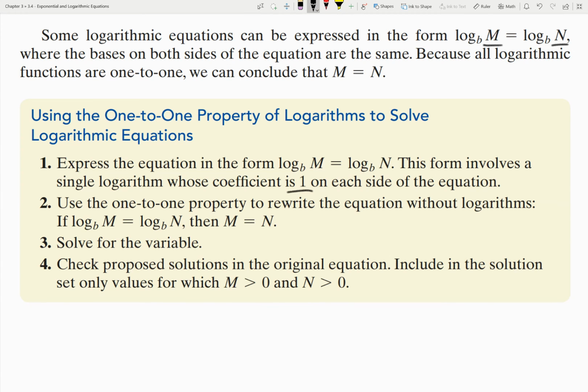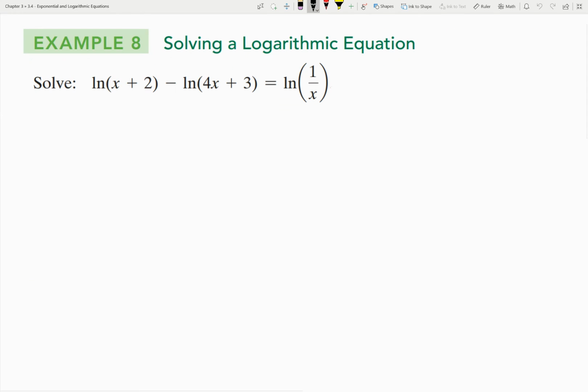Coefficient is 1 on each side. If this is true, you can write the equation without the logarithms. Log base b of m is equal to log base b of n means m is equal to n. Then solve, and of course, always check your answer.